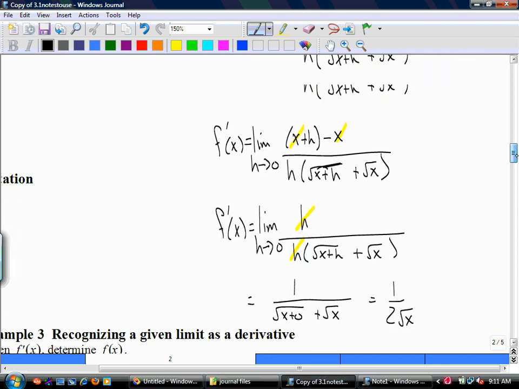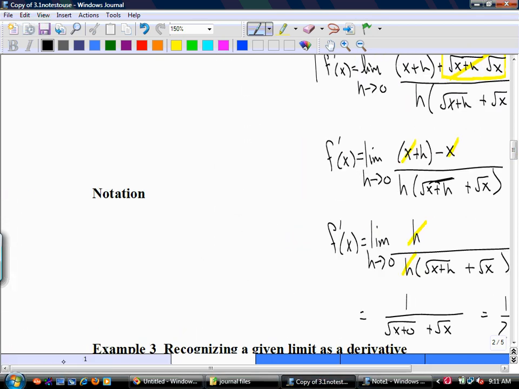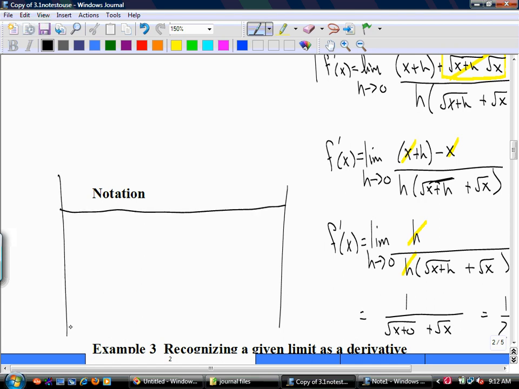Okay. What did I miss over on the side? Oh, so there's a whole bunch of different ways of writing derivatives. It actually depends on what course you're in and who's your teacher and what textbook you're using. This is one way of writing the derivative. We say y equals f prime of x.